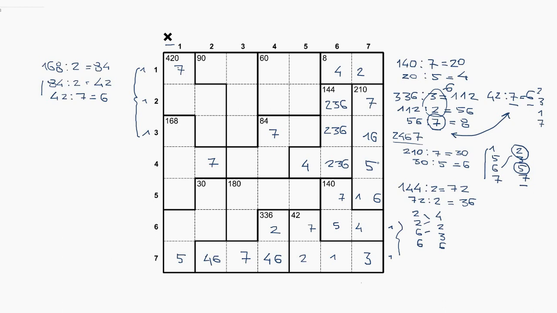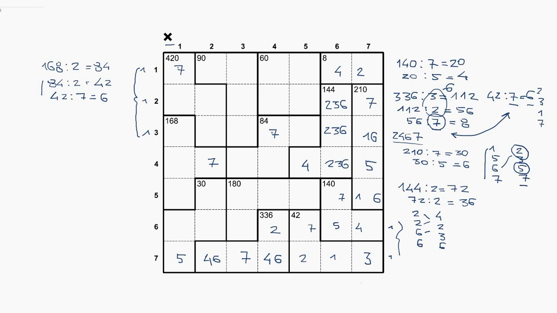The second way of thinking to produce this number 5 would be that here cannot be number 5 in 168, and here cannot be number 5 in 84, and the last remaining position for the row number 4 to get number 5 would be right here. Okay, what happens with this number?